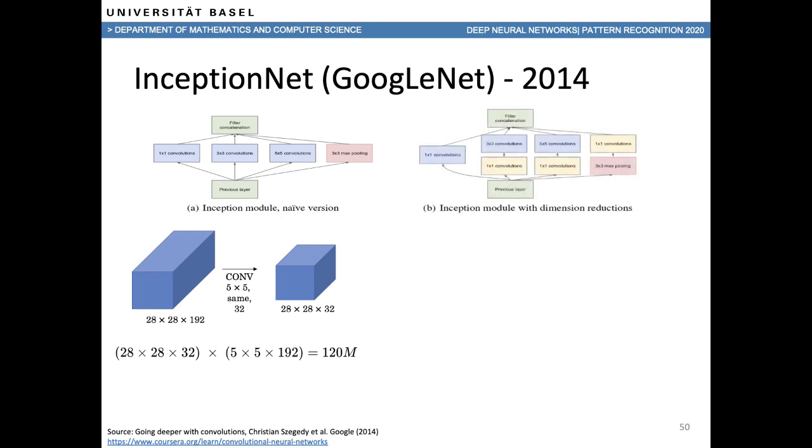So they go ahead and add some 1x1 convolutions before both these 3x3 and 5x5 convolutions to avoid having the number of parameters totally blow up.